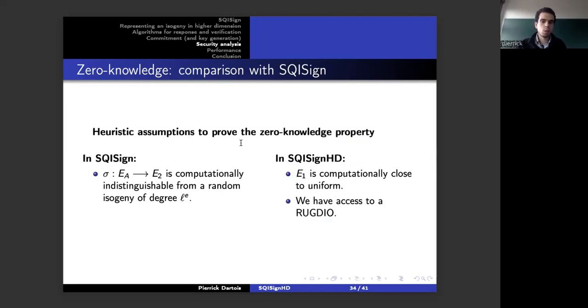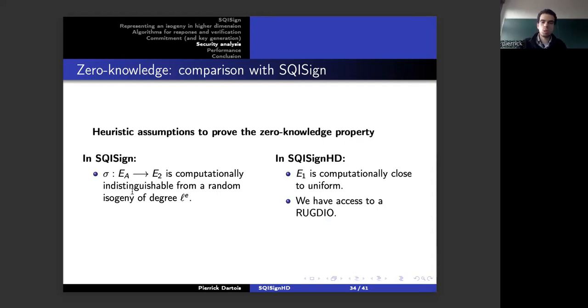We get the zero knowledge property under two heuristic assumptions: the oracle, and the computational indistinguishability from the uniform of the j-invariant of the commitment. Whereas in SQISign, we need a much stronger heuristic hypothesis to be zero knowledge.